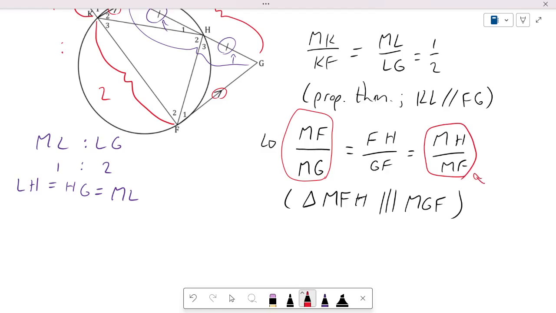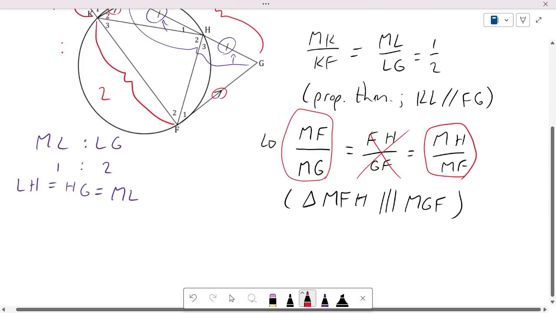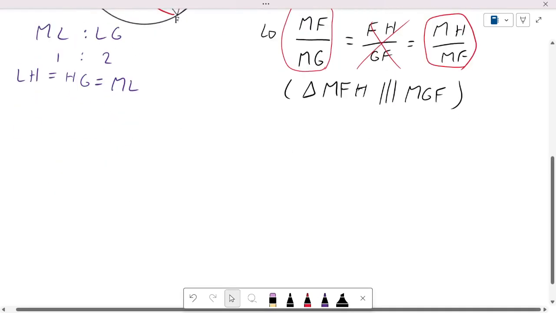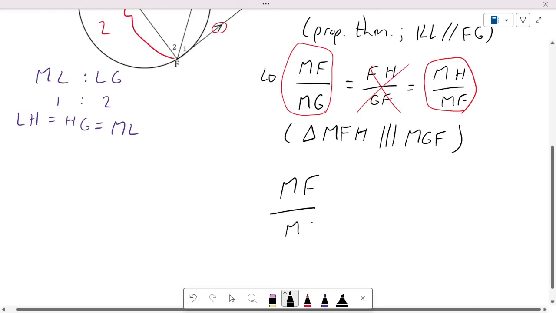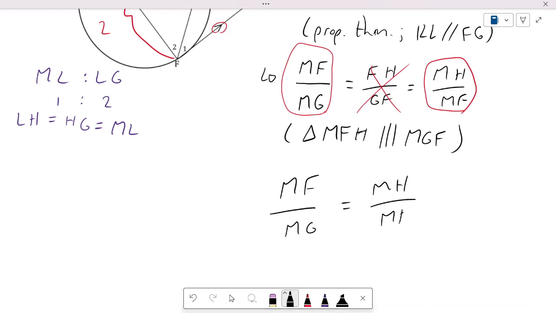So let's discard the middle one, because we need to make an equation. We can't just make 3 ratios equal to each other. So we're only going to focus on the first and the last one: MF over MG is equal to MH over MF. And now, because we have an equation, we can cross multiply.